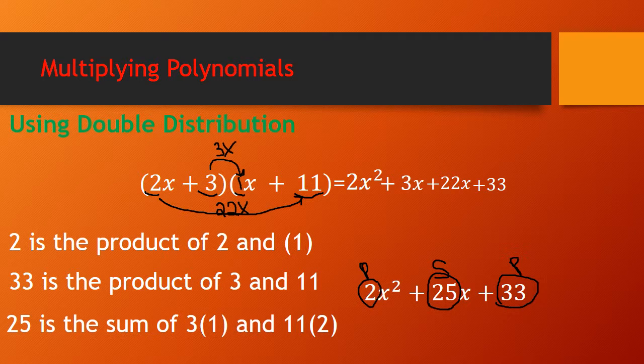And then 2, or the first number in the trinomial, is basically the product of the first numbers in the binomials.